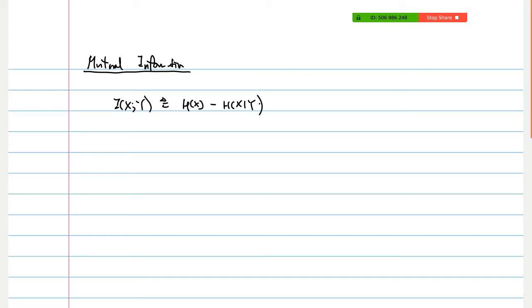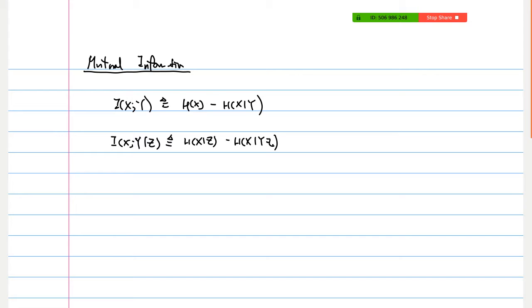We can also define conditional mutual information. For example, the mutual information between X and Y given Z will be H(X given Z) minus H(X given Y, Z).